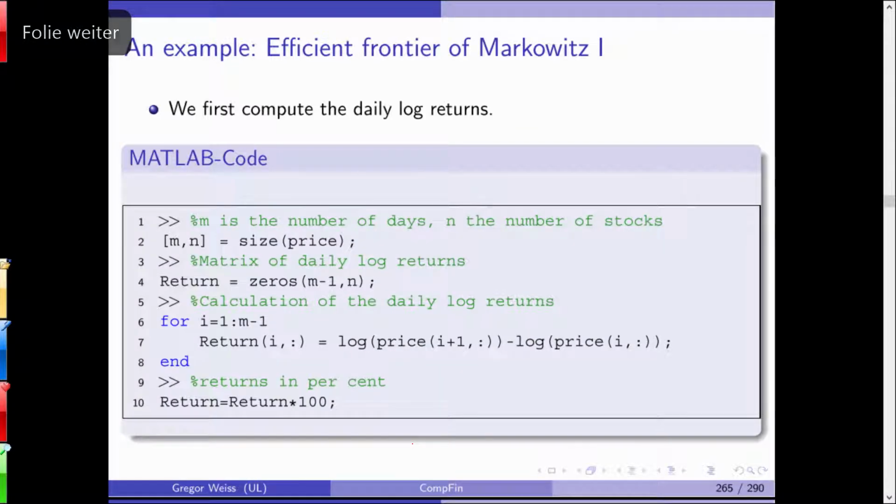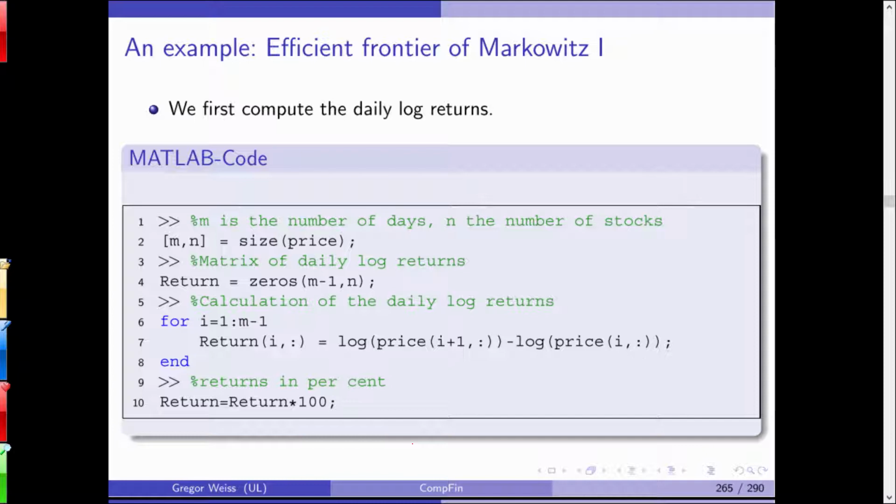Okay. Now let's first start by computing daily log returns. M is the number of days, N is the number of stocks. Now assume we have uploaded and inserted our data in a matrix price. M, N equal to size of price gives you the size of this matrix.